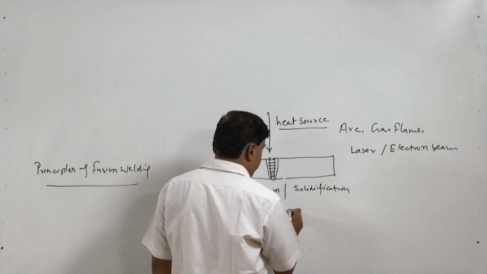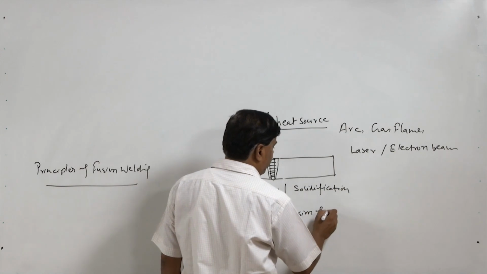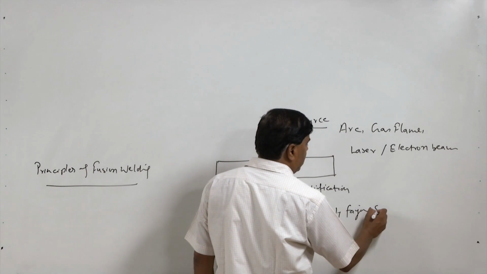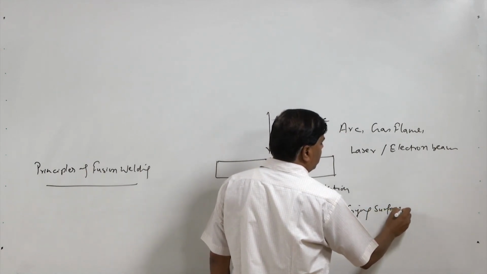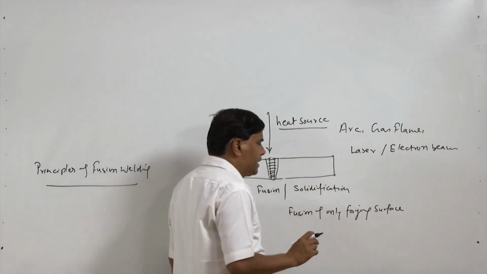Now, if the fusion of only the fitting surfaces is taking place, then the weld metal composition is considered to be almost the same as that of the base metal.